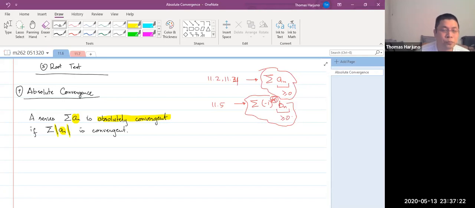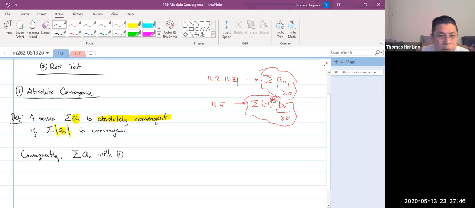So with that said, that's the definition, right? Then consequently, a series with positive terms is convergent and absolutely convergent at the same time.